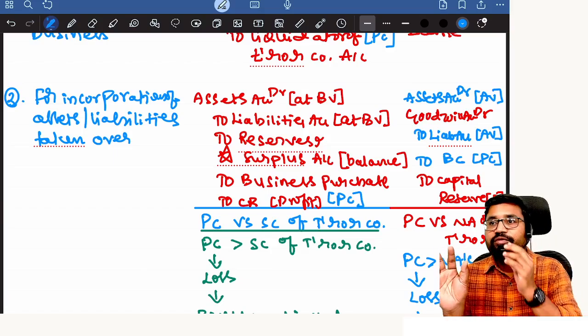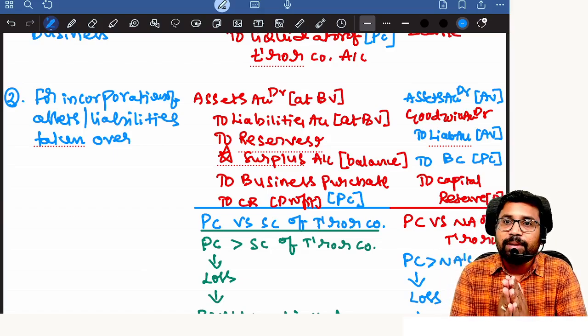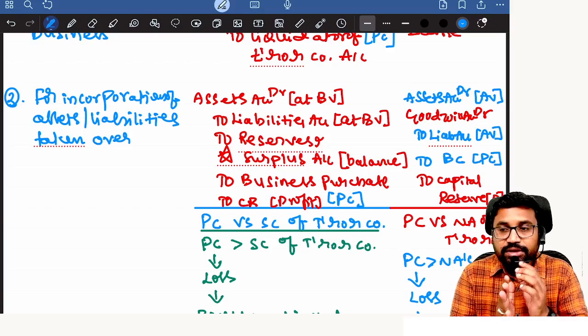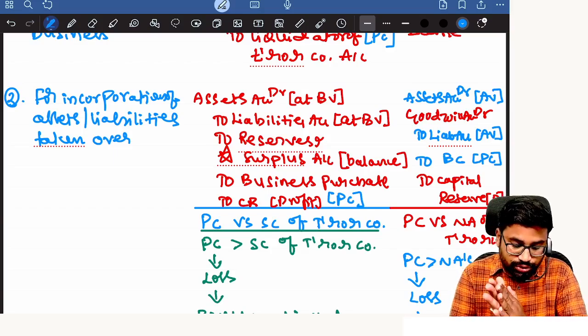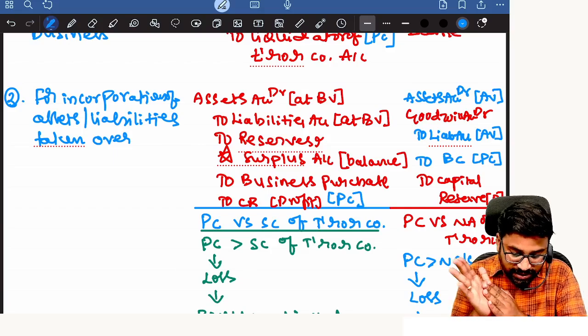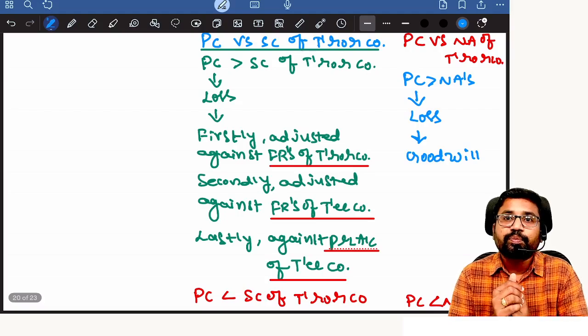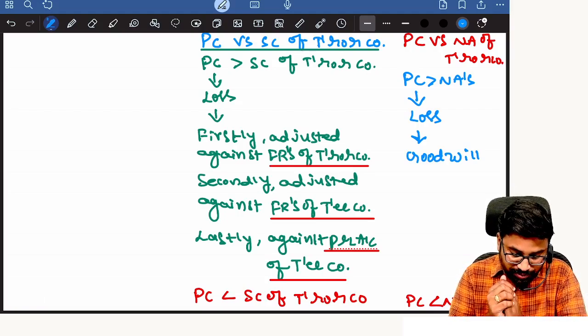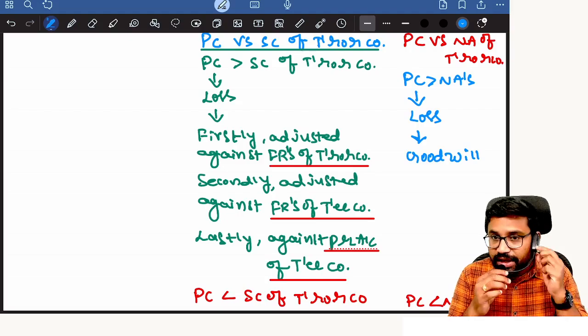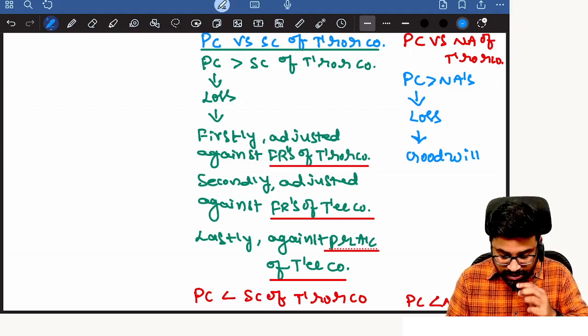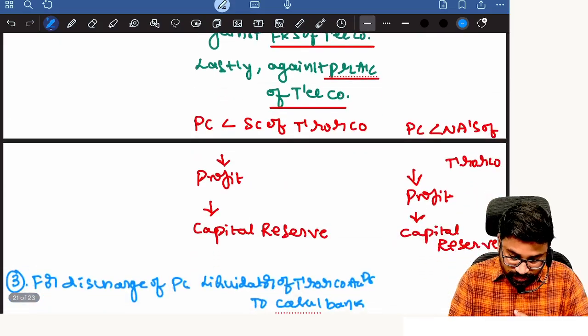So in pooling of interest method, we will compare PC with what? Share capital. If the PC is more than share capital, it is loss. That loss is first adjusted against free reserves of transferor company, secondly free reserves of transferee, lastly debited to P&L account.